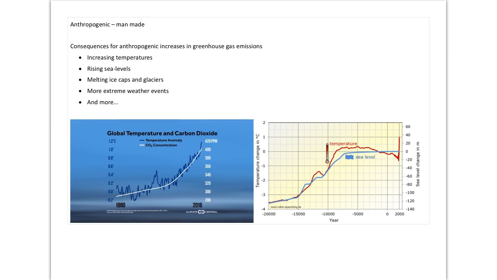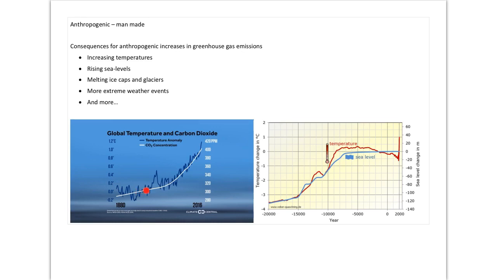So the most obvious effect that we're seeing here is an increase of temperature. The blue line here shows what we call the temperature anomaly. So how much has the temperature changed during that time period? And we can see we've got an increase of about, on average, 1.2 degrees in global temperatures.